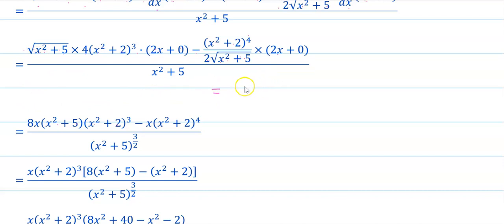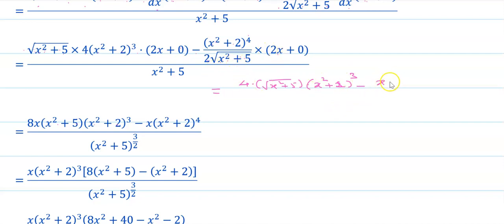Root of 4 into root of x square plus 5 into (x square plus 2) raised to 3 minus, next, this 2 will get cancelled.